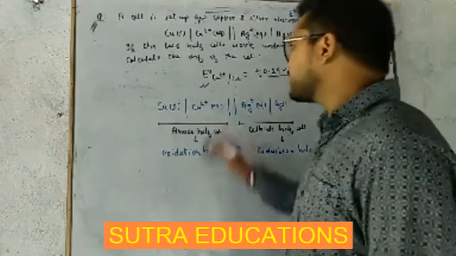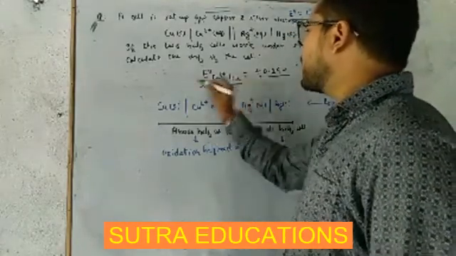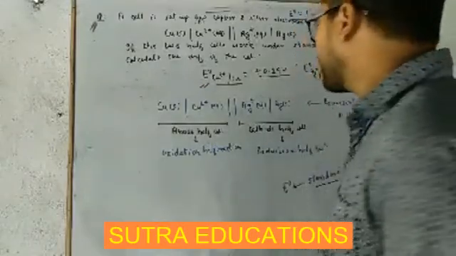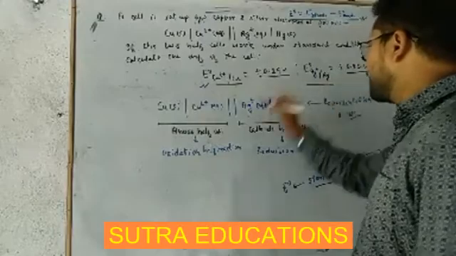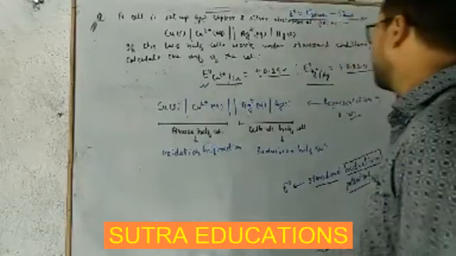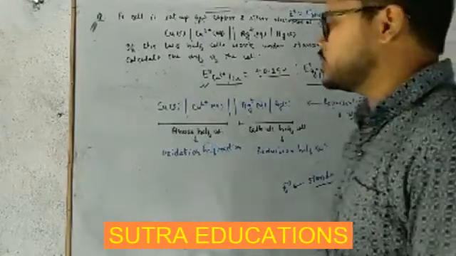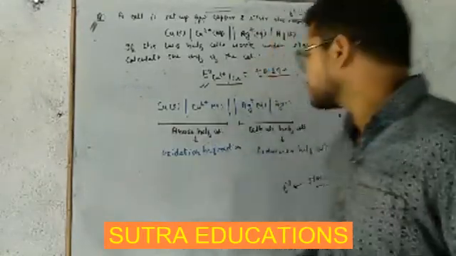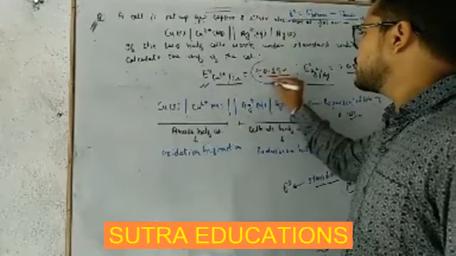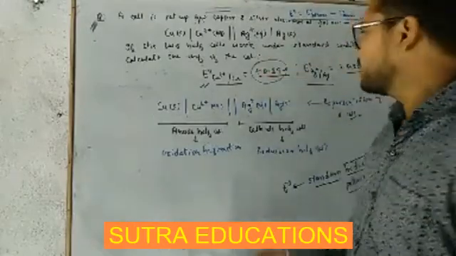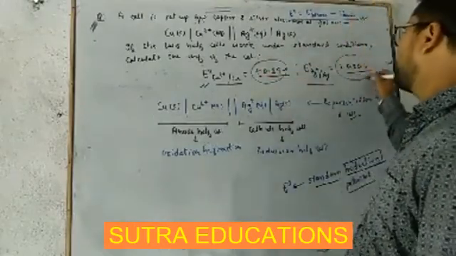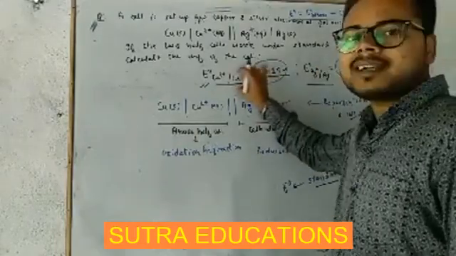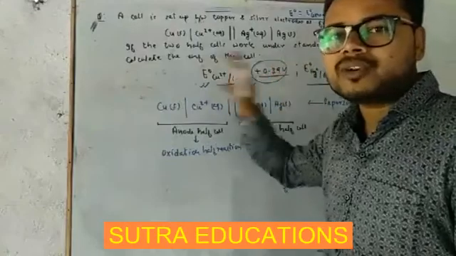So the standard reduction potential value of copper is plus 0.34 volt and the standard reduction potential value of silver is plus 0.80 volt. Now which value is lesser? Obviously 0.34 volt is lesser than 0.80 volt, which means this has a lesser tendency to reduce.